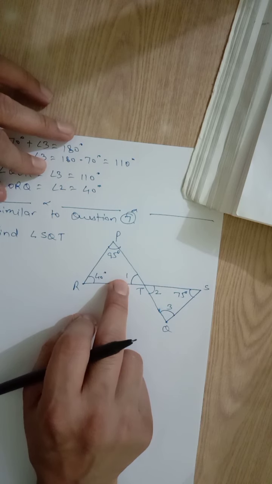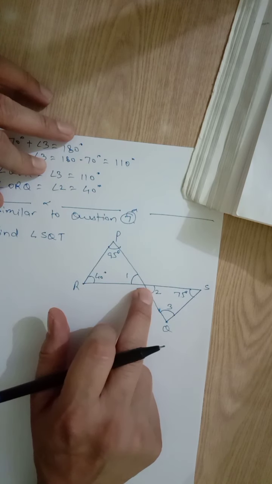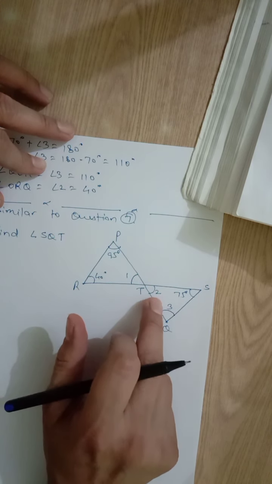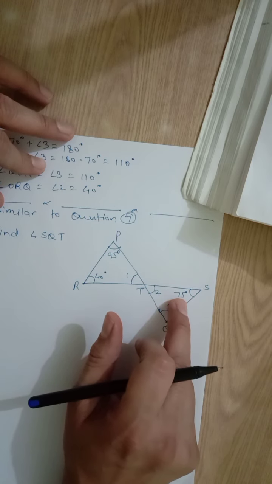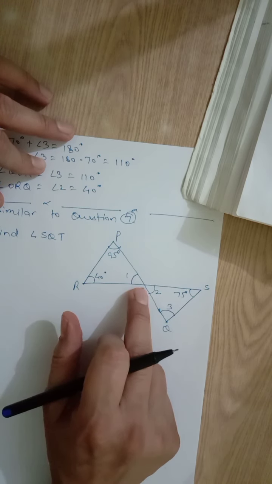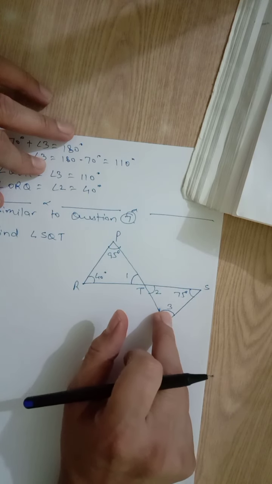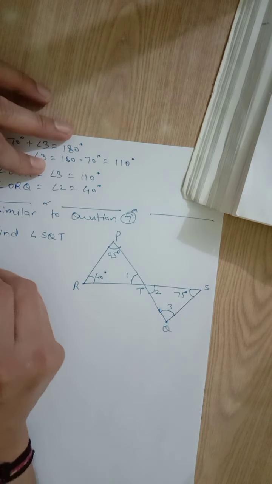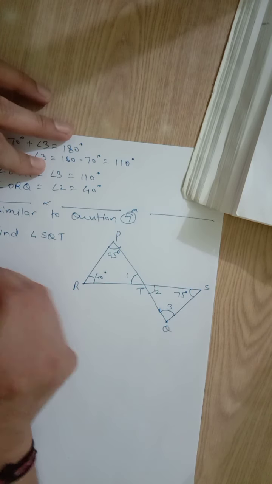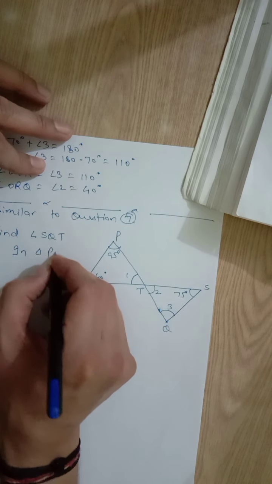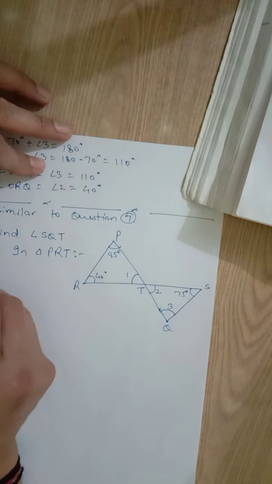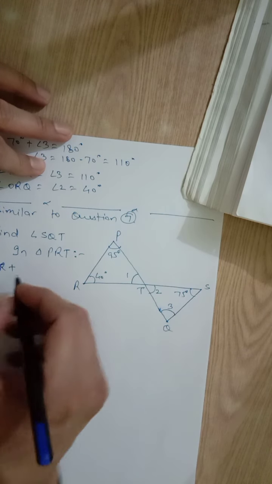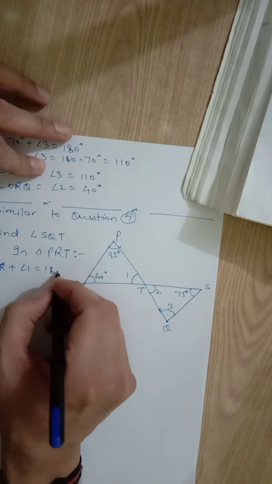First of all, we will find out angle 1 here in this triangle by angle sum property, because angle 1 is equal to angle 2. Why? Vertical opposite angles. Now we have got angle 2 also. This angle is 75 degree, and from this triangle by applying the angle sum property we will get angle 3. Okay, so let's do it. First of all, in triangle PRT, this is the solution. In triangle PRT, angle P plus angle R plus angle 1 is equal to 180 degree.